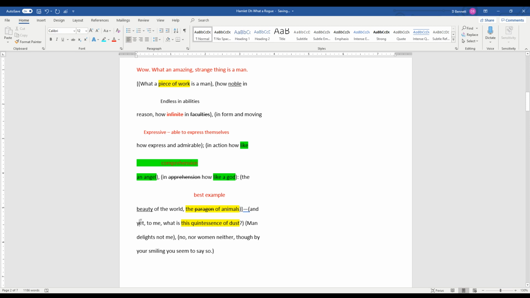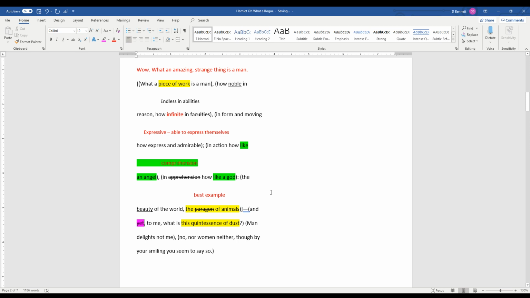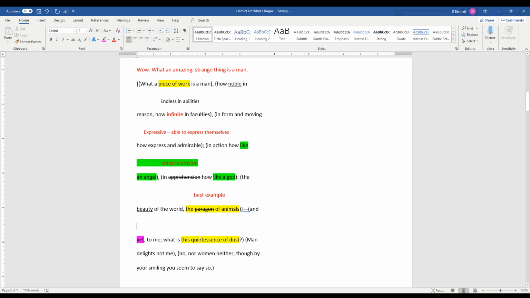And then he says, and yet, always note, circle, highlight, whatever you need to do, mark these transitions. And yet, to me, what is this quintessence of dust? A quintessence means the same thing as paragon.